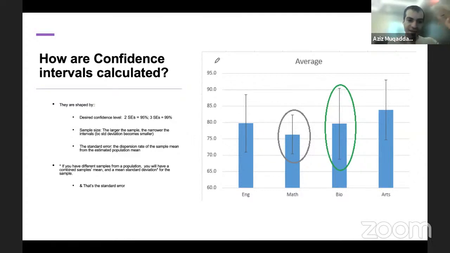And so the standard error comes from the standard deviation. So let's go back to the standard deviation. If you remember, I said if you have a low standard deviation, that means the cases are more clustered around the mean.